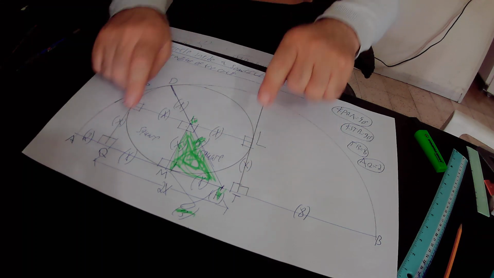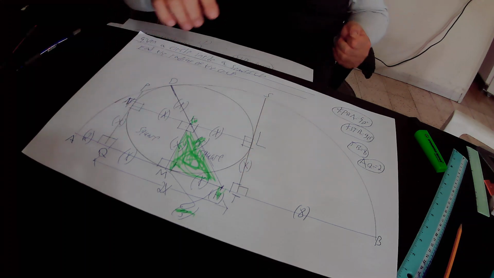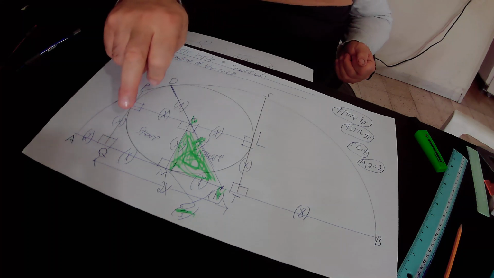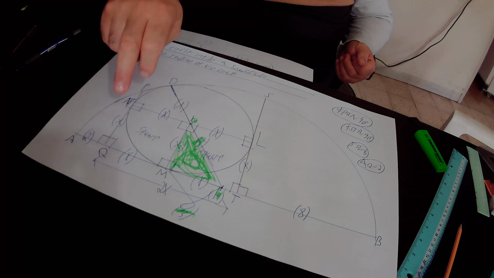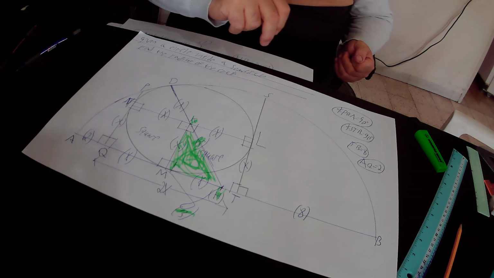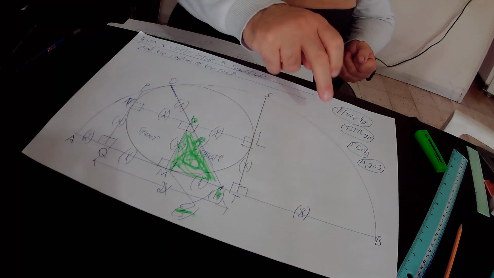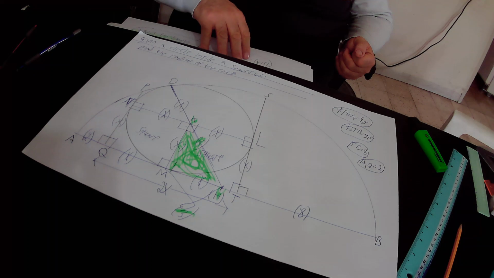Okay, so if we know that QT equals 2x, now we find the radius of this big semicircle. We define the radius of this big semicircle as capital R. The radius of this big semicircle must be equal to the diameter AB over 2.